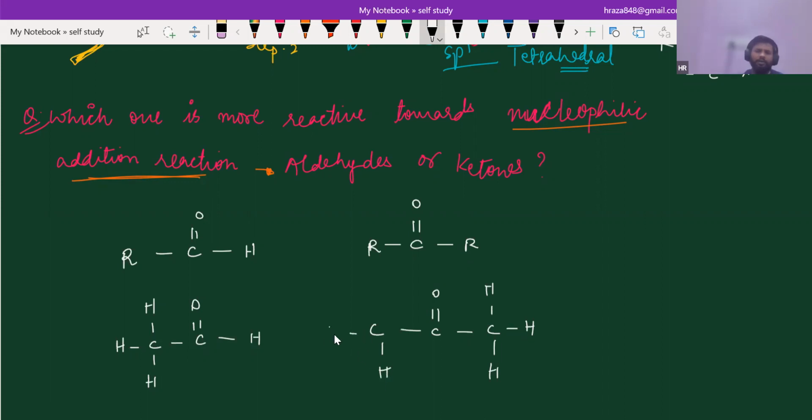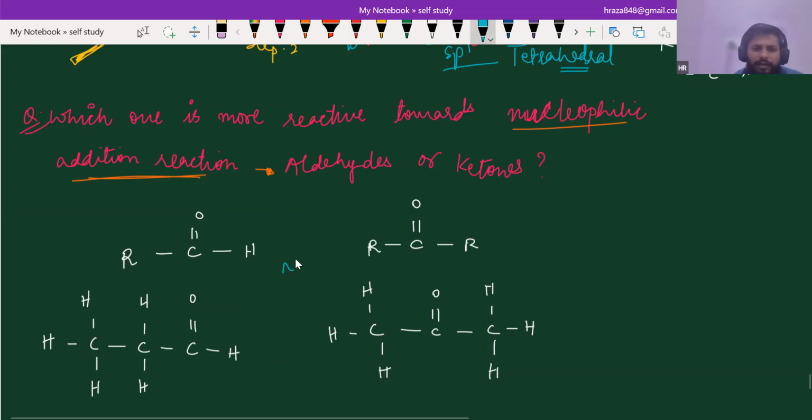And I'm going to make it comparable. Like in ketone, you can see there are 3 carbons, so I'm going to take 3 carbons in aldehyde also. And Anushka, your answer is correct.